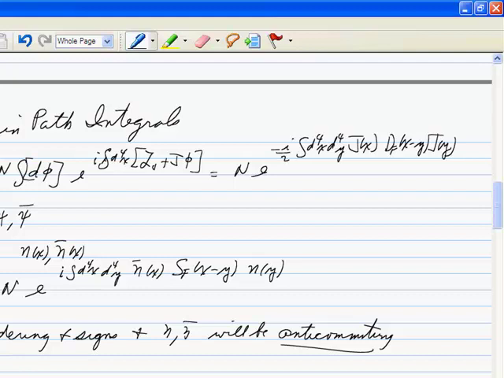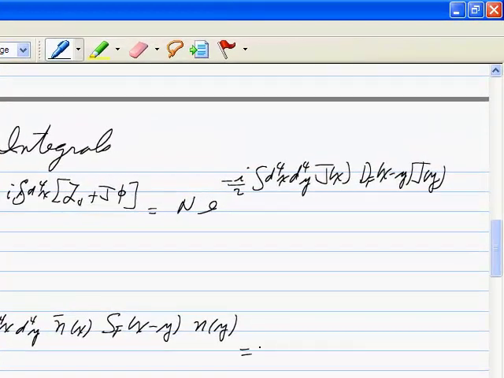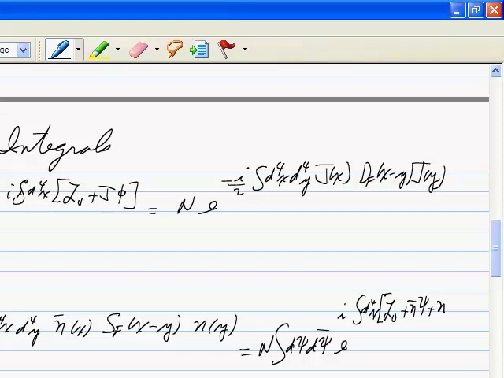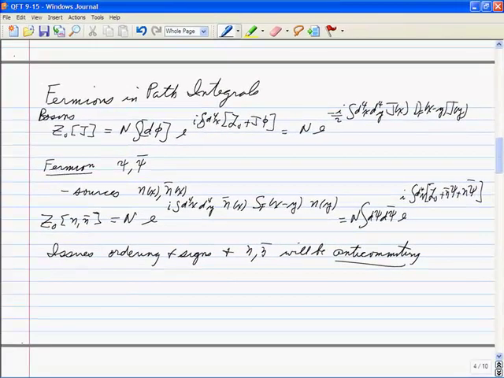Now let me give you the alternate form of this: N integral d psi bar d psi e to the I integral d4x, L0 plus eta bar psi plus eta psi bar. Okay, it's conventional that since this is always psi bar psi, it's eta bar psi.